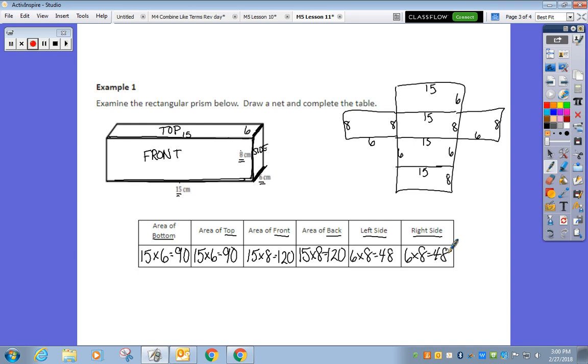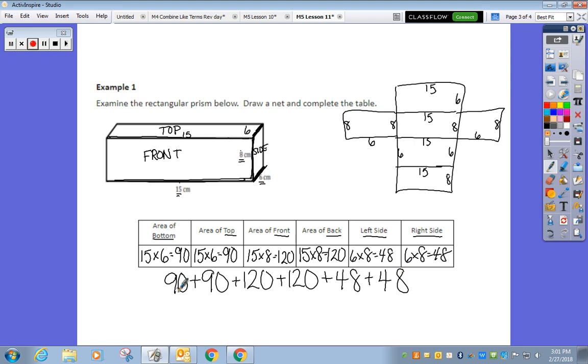So in order to find the surface area of these, I would have to add all of those areas together. So I'm going to add my 90 plus my 90 plus my 120 plus my 120 plus my 48 plus my 48. Now hopefully you've started to notice that there's 2 of each number.